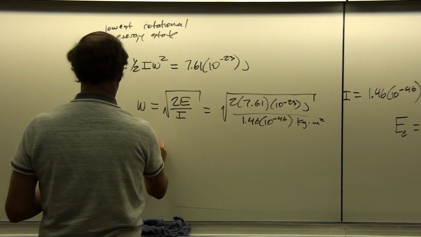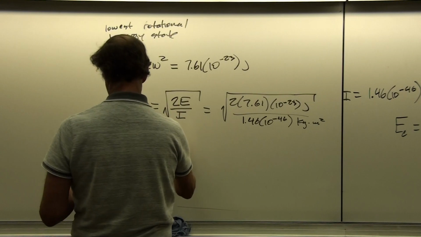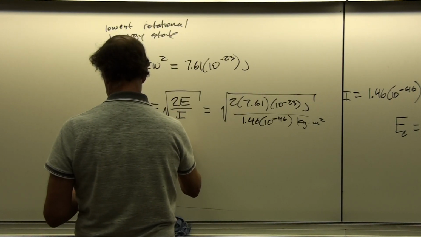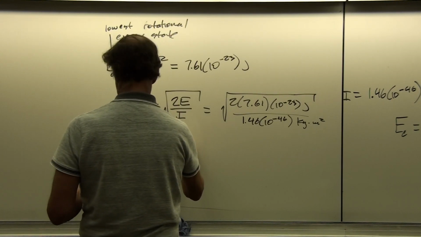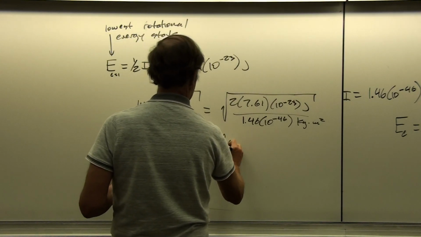That gives us an astonishing value of 3.23 times 10 to the 11th radians per second.